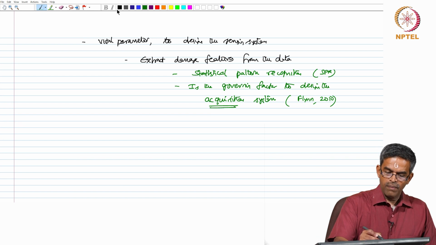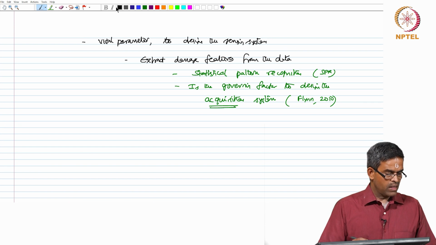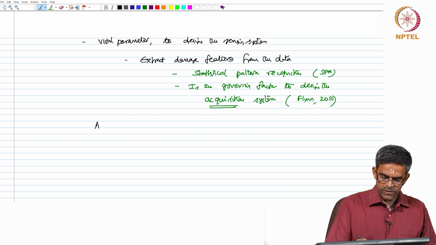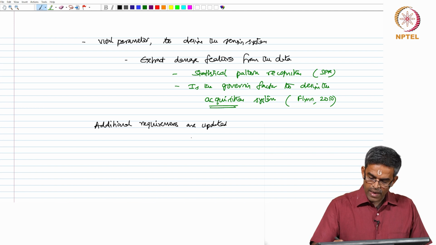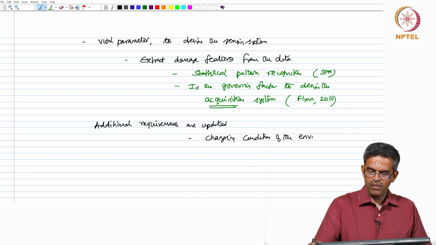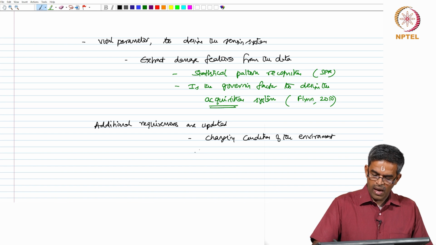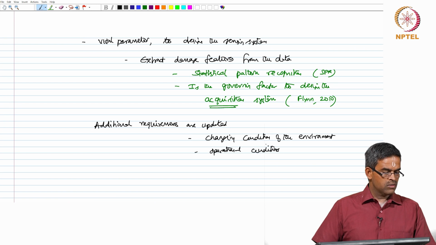Now, based upon the outcome of the statistical pattern recognition, additional requirements are updated based on the changing conditions of the environment and operational conditions, which also change from one phase to another phase.